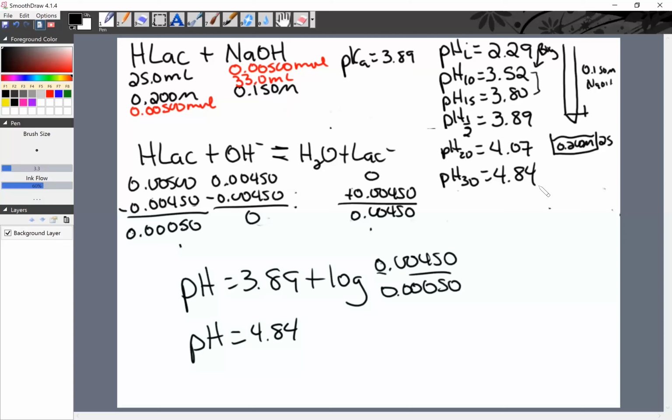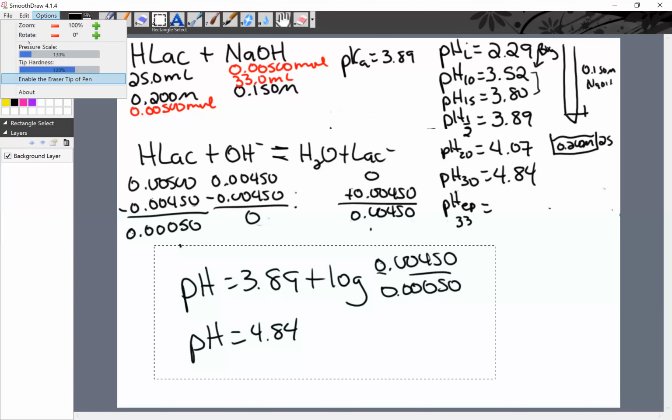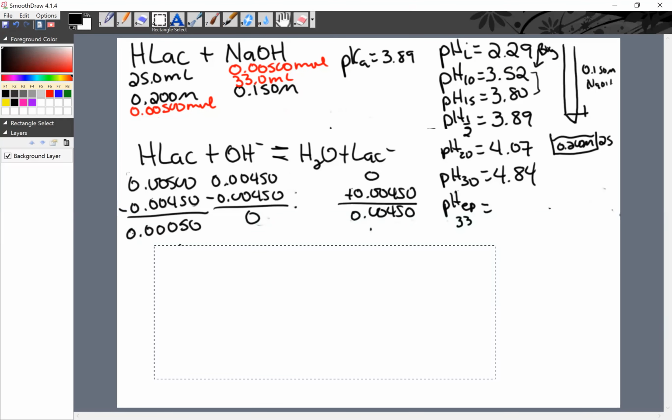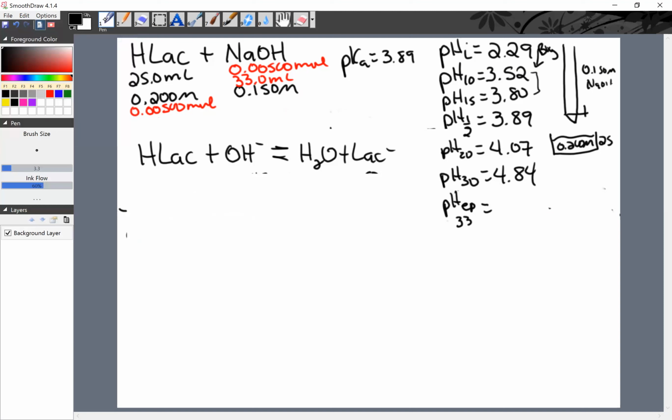Woohoo. Okay, let's do the pH at the end point, which in this case happens to be 33 milliliters. All right, do I have enough acid to sop up all of that base?